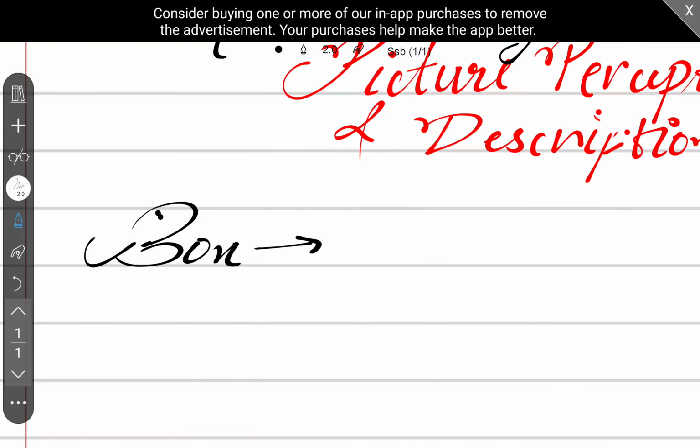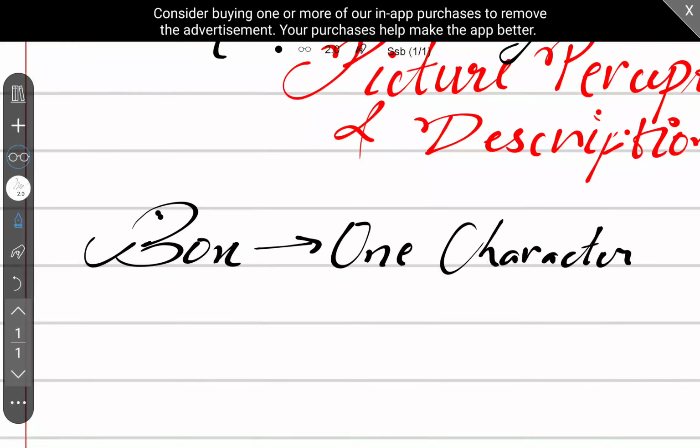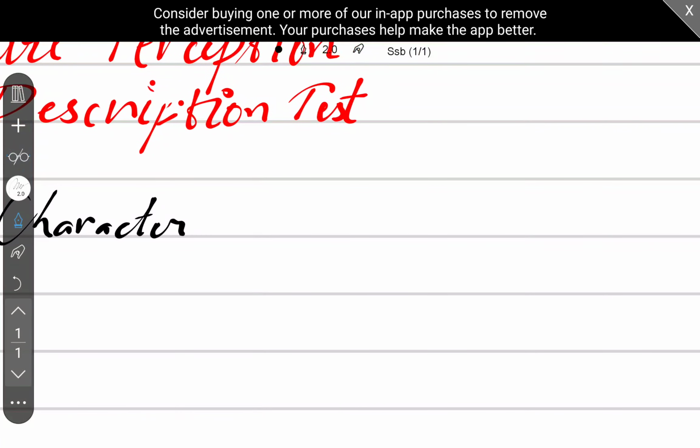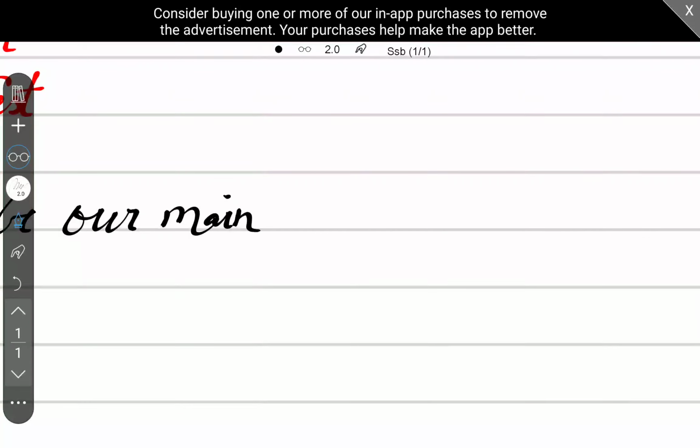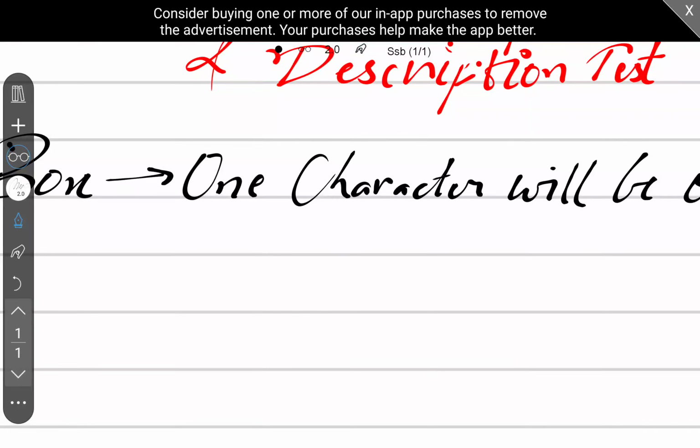One character will be our main character. Now let's talk about what we have to write about the characters. We have to mention not just the main character, but each and every character.